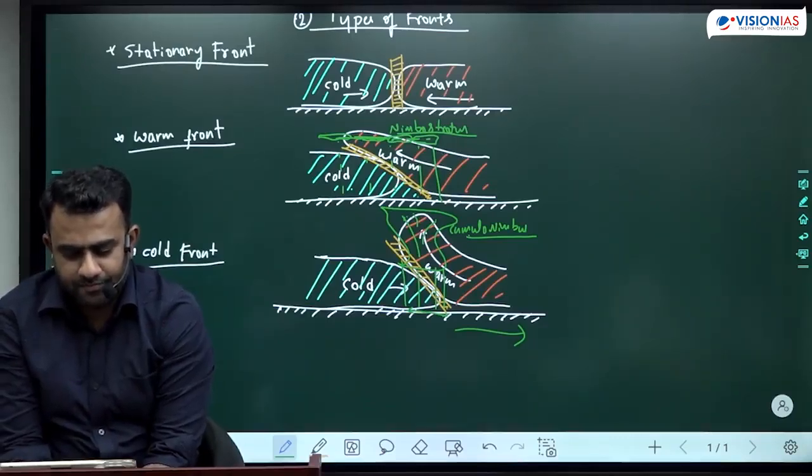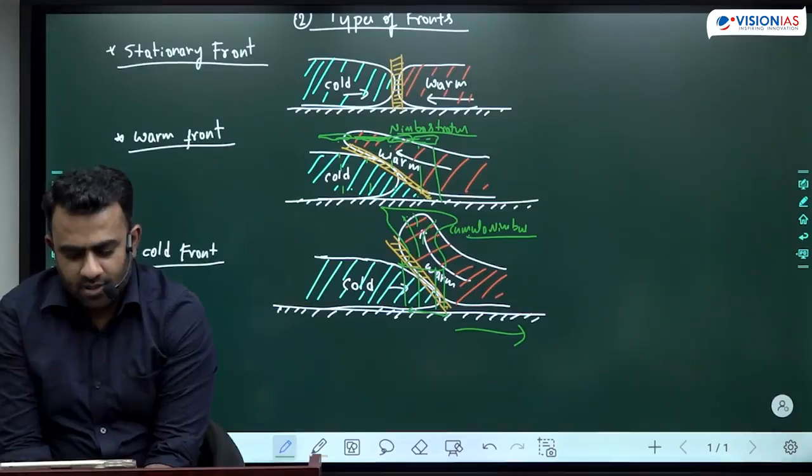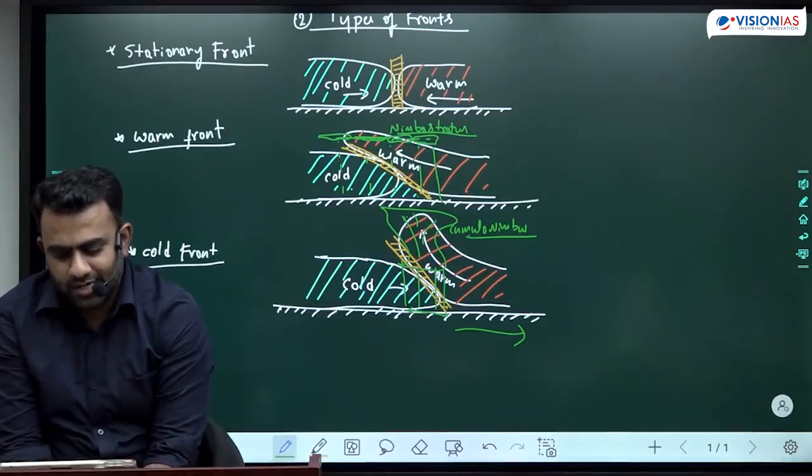Next point. It results in the formation of nimbostratus clouds.